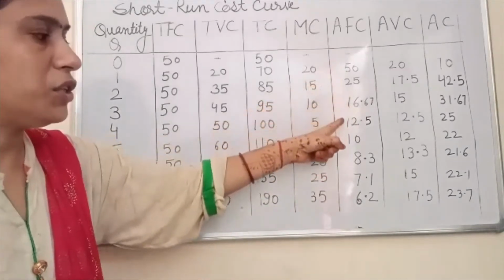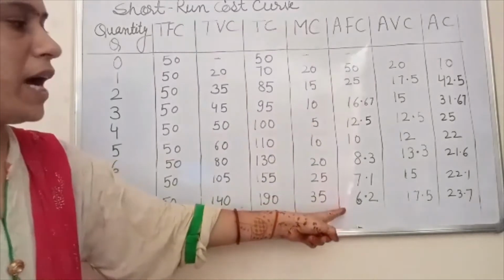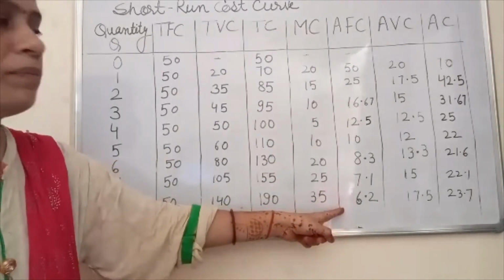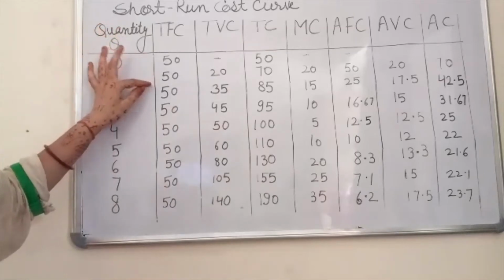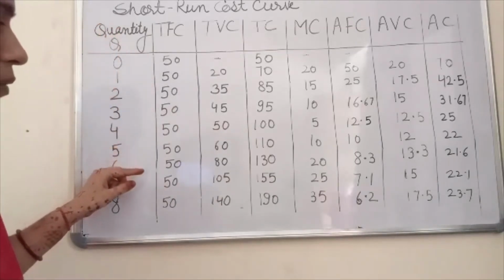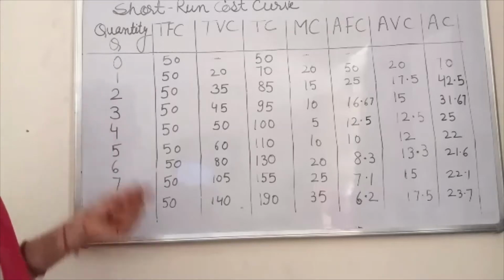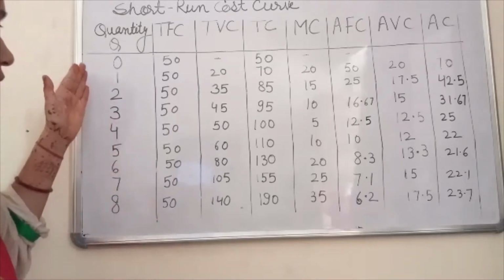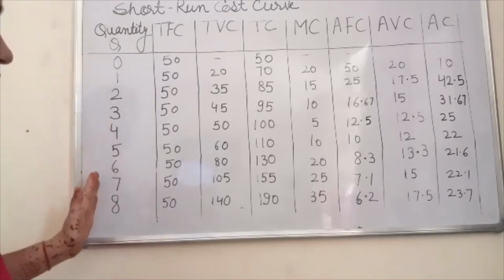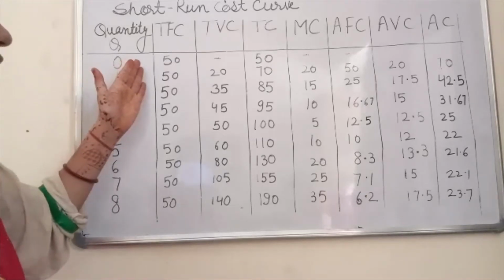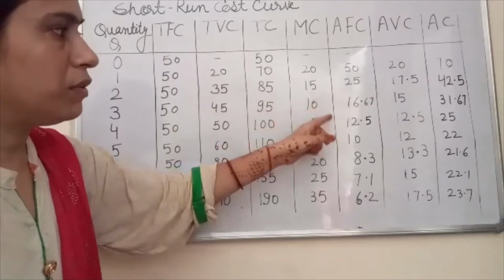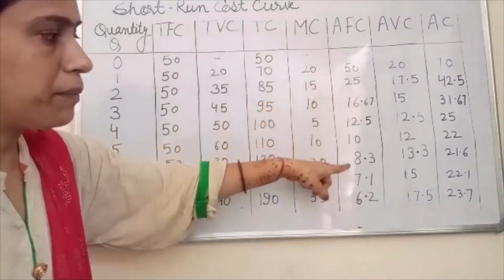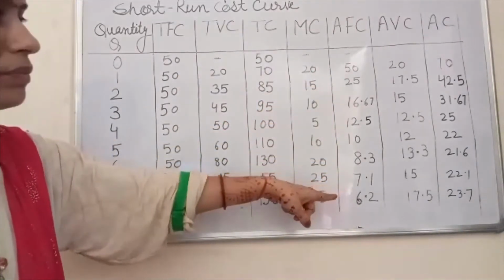AFC is continuously decreasing. Why? Because TFC remains constant at every production level. So when production is increased and TFC remains constant, AFC will continuously decrease.